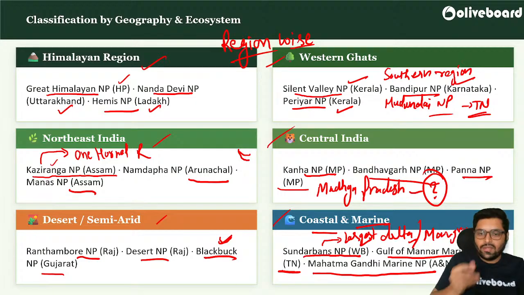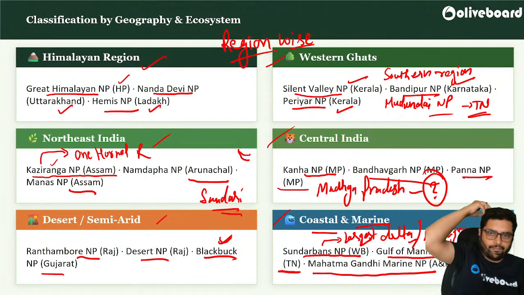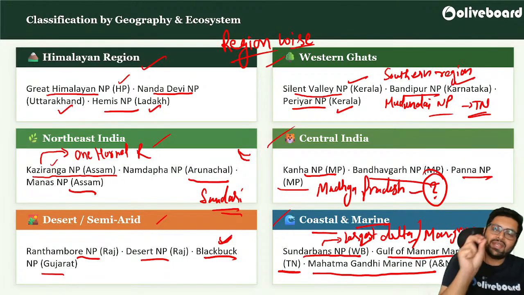Sundarbans. How did Sundarbans get its name? It got its name from the Sundari tree. Correct? Sundari tree. I hope now you have some better idea regarding the region wise national parks.